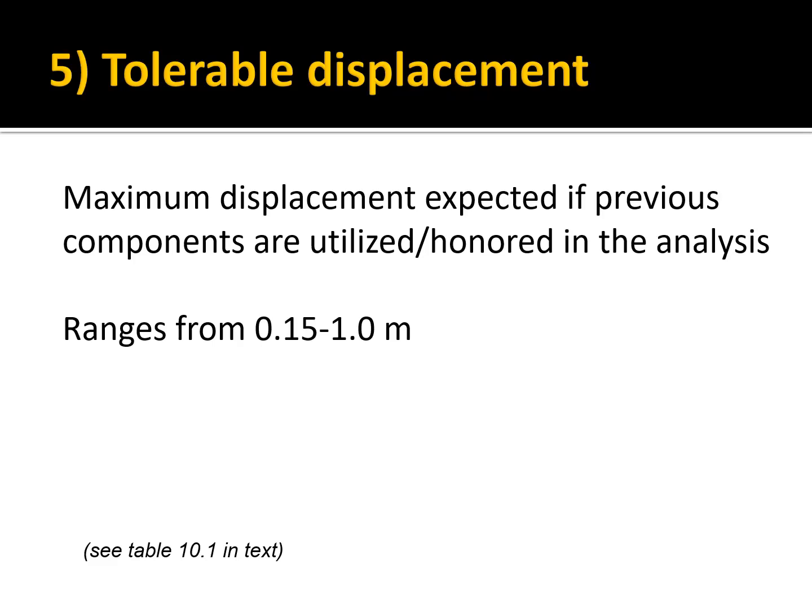Another thing you look at is the maximum displacement. Based on this process, you determine what the maximum displacement is expected, and that's based again on table 10.1 in the text, and it ranges from about 0.15 to 1 meter.